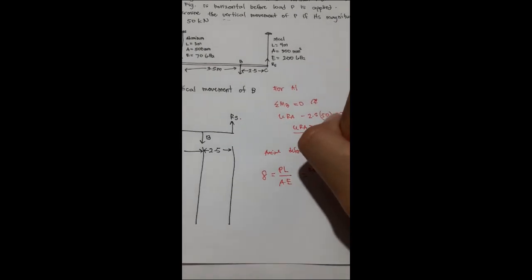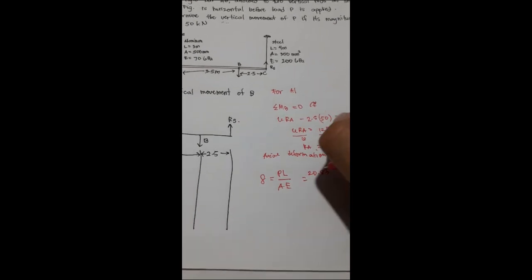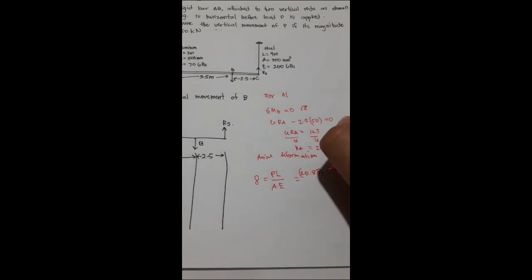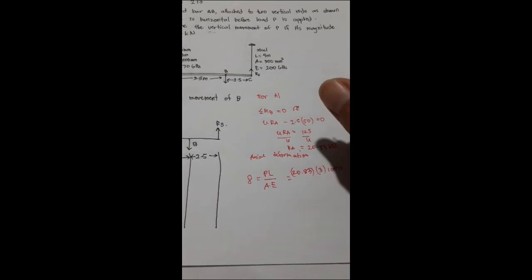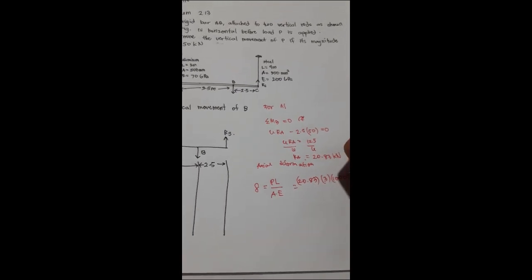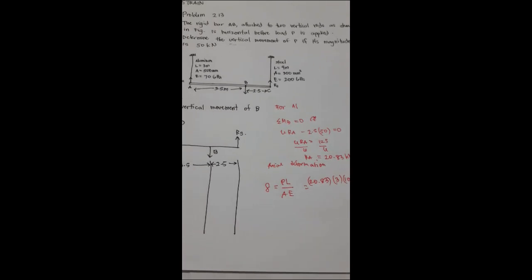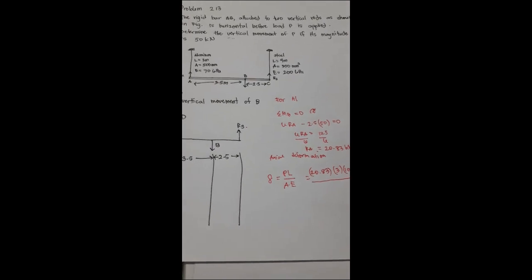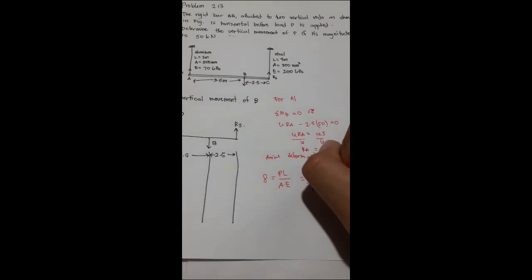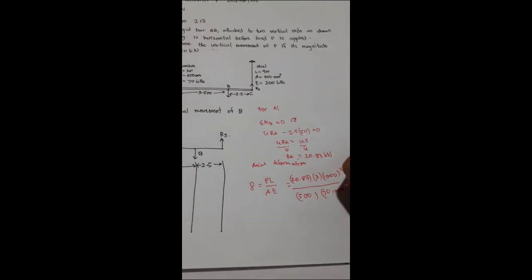We have here 20.83 kilonewton. Length is 3, this is in meters, so we have to use this factor of 1000 squared, and divide by the area of the aluminum, which is 500, times 70,000, the 70 GPa.